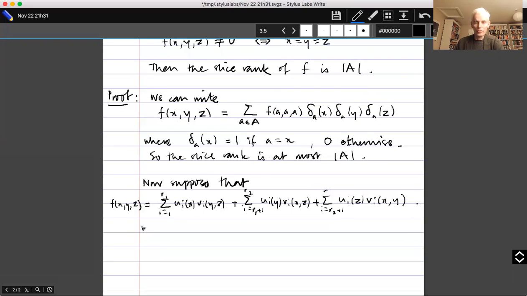And without loss of generality, r1 is greater or equal to 1. In other words, this is not just an empty sum here.